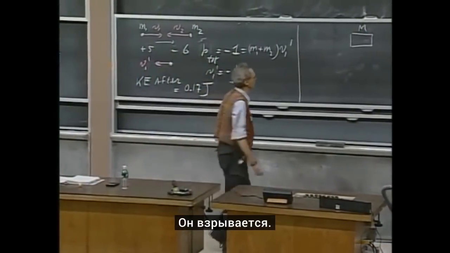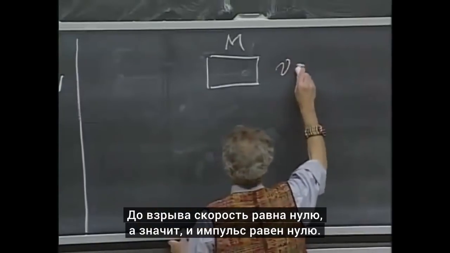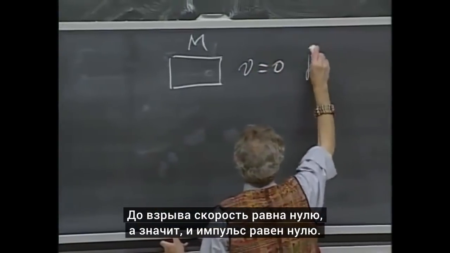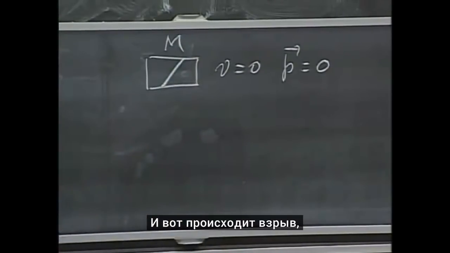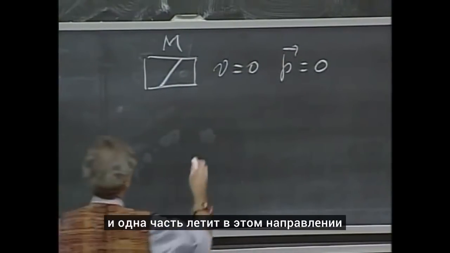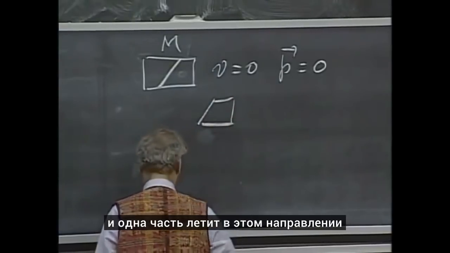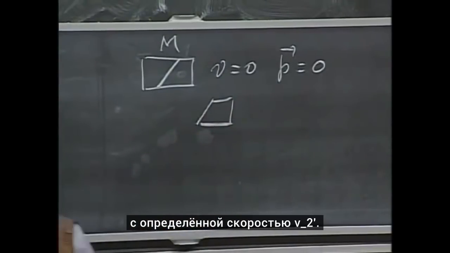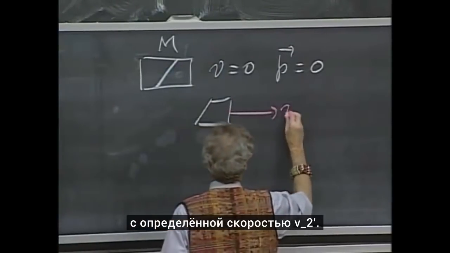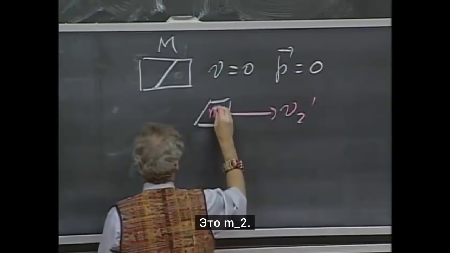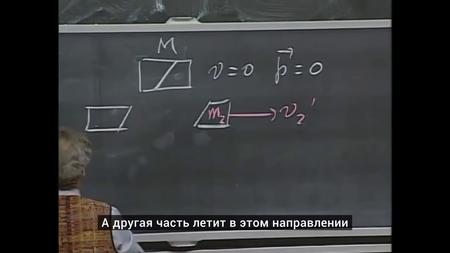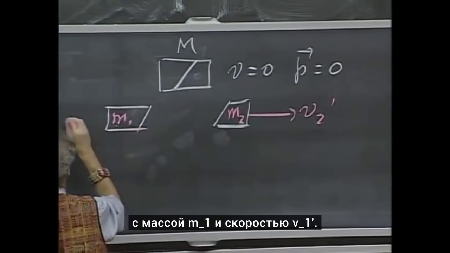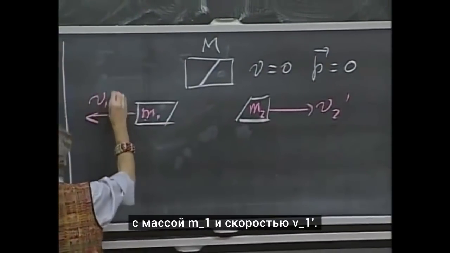It explodes. Well, before, the speed is 0, and so the momentum is 0. And there comes the bang, and one piece flies in this direction with a certain velocity v2 prime. This is m2. And another piece flies off in this direction with mass m1 with velocity v1 prime.